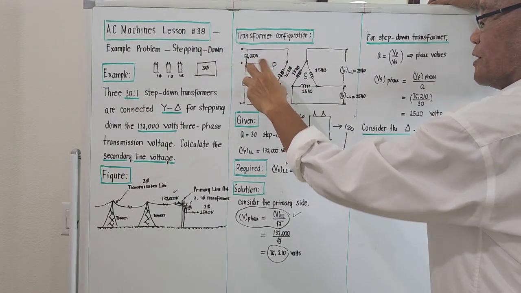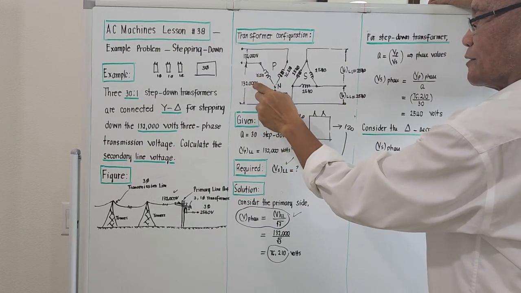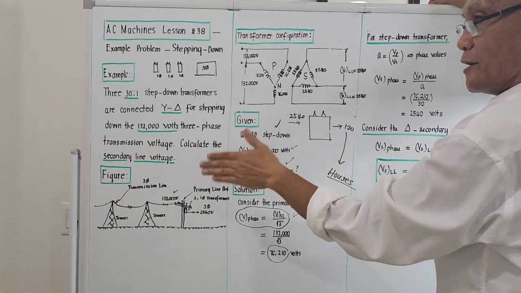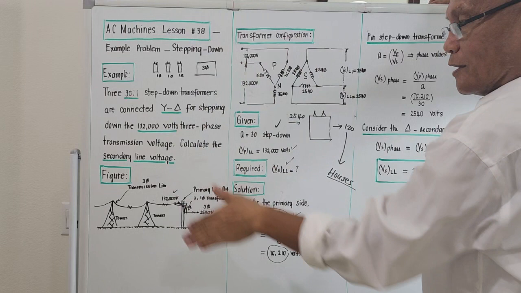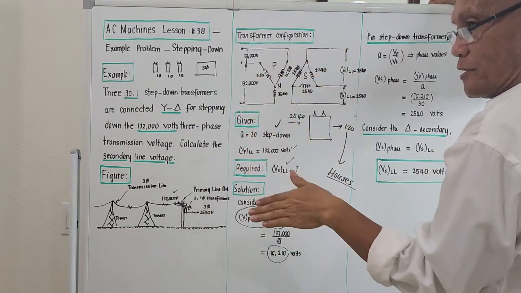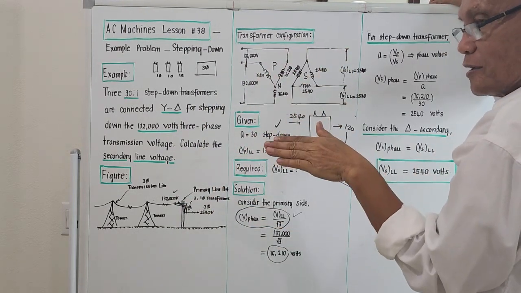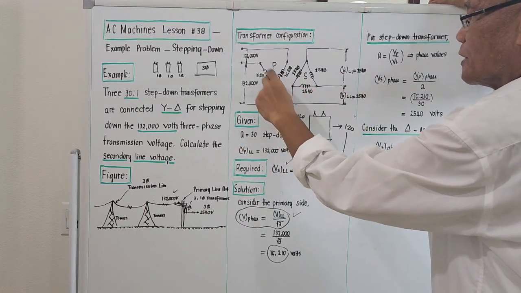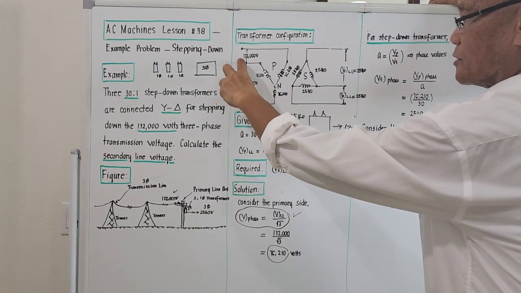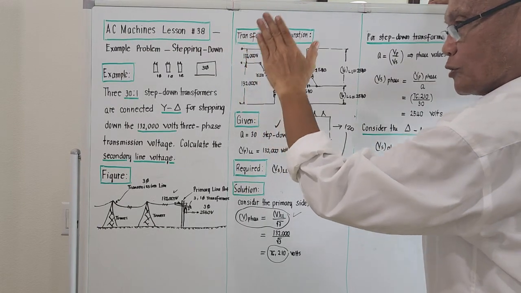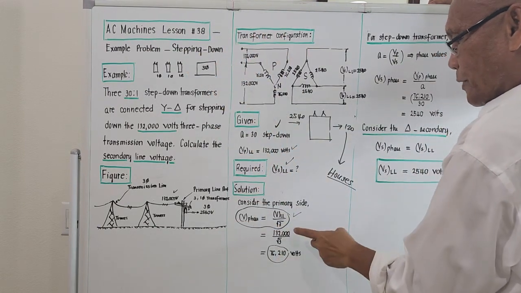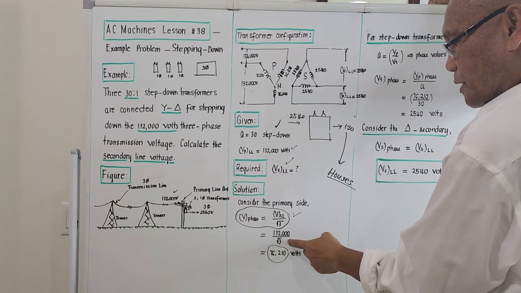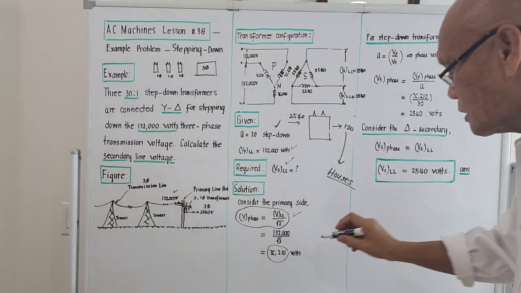You add these two here vectorially to get 132,000. You don't add it algebraically. It should be vectorially, because voltages under AC machines are complex numbers. You add this one vectorially with this, what comes out is 132,000. But if we are only talking magnitude, the magnitude will be 132,000 over square root of 3, and this is 76,210.